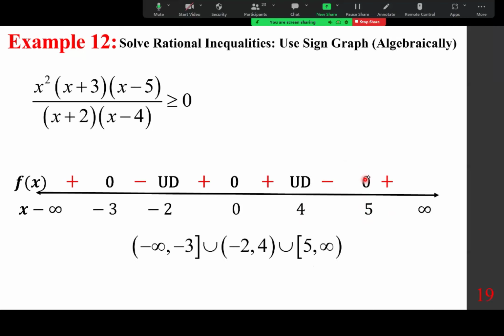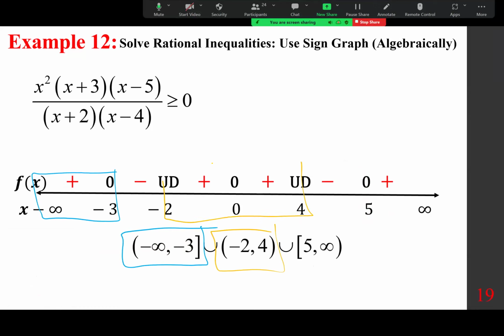So a quick recap. This is a plus sign, -infinity to -3. So this part is this part. This part is this part. And the endpoints, namely -2 and 4, belong to the denominator.